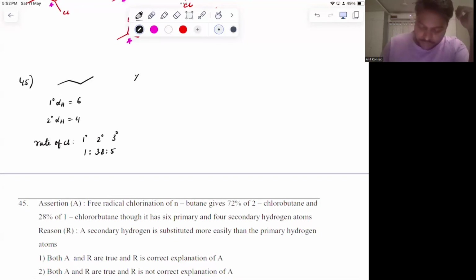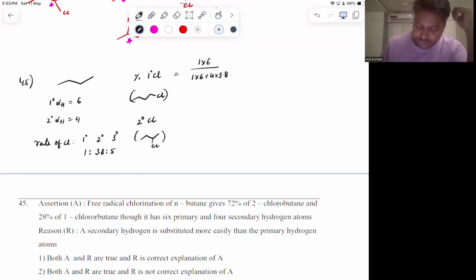If you want the percentage amount of 1 degree chloride, which is like this chloride here, then it has to be 1 into 6 divided by 1 into 6 plus 4 into 3.8. If you want 2 degree chloride, which is like this, that will be 4 into 3.8 divided by 1 into 6 plus 4 into 3.8.